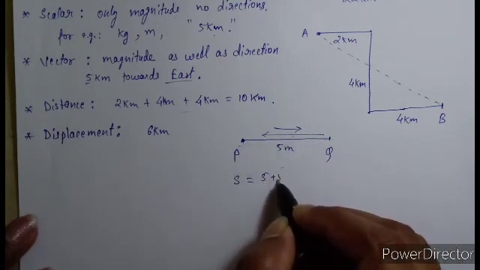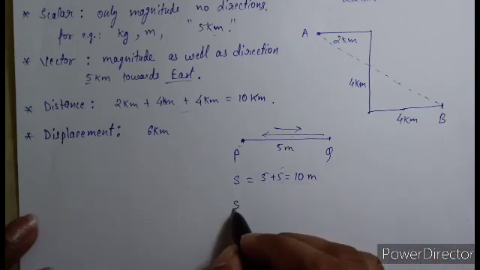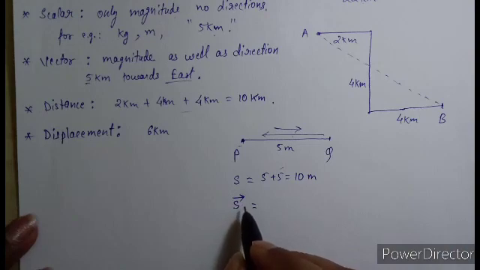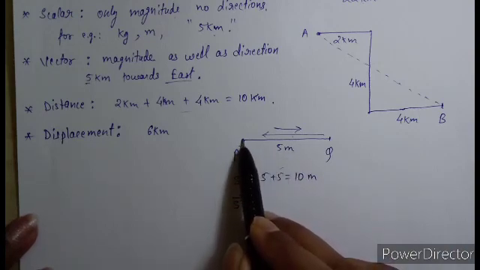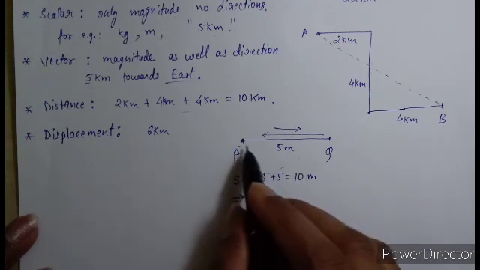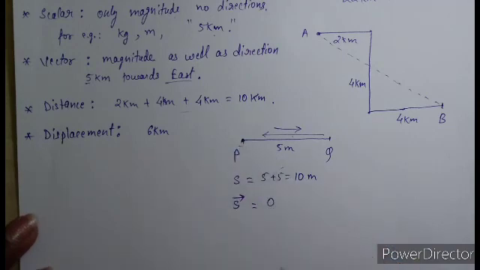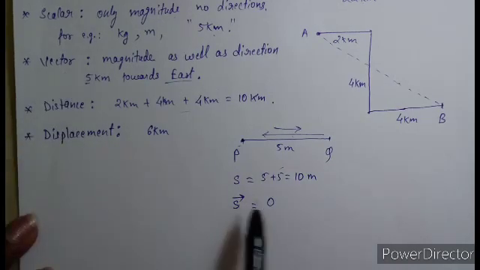That will be 5 plus 5, it will give us 10 meters. But the displacement, which is denoted by vector S, is initial to final. Both points are the same, so there is no distance between them. That means 0. Vector quantities are represented with an arrow mark on top of them, while scalar quantities can be denoted simply.